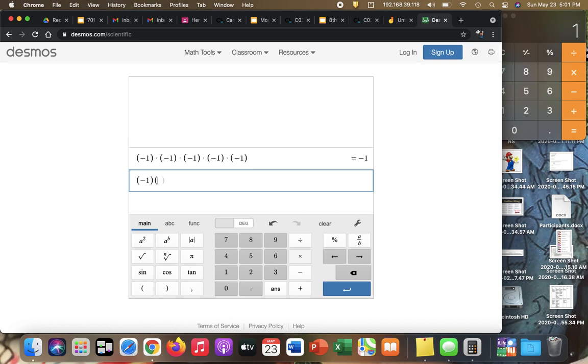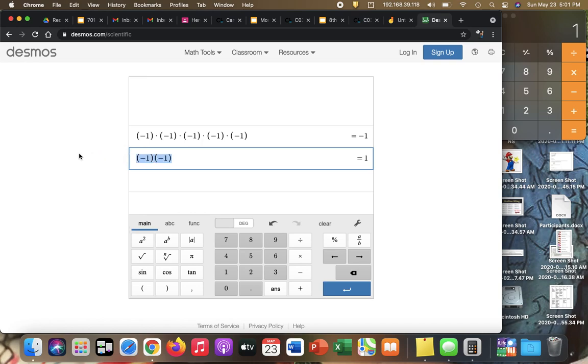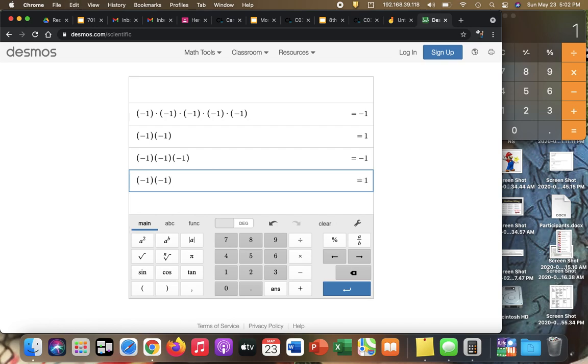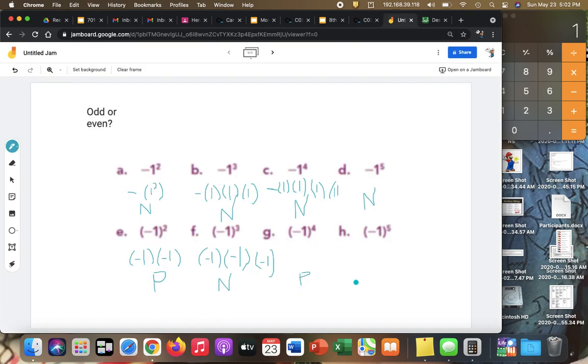Negative 1 to the second power is positive. Negative 1 to the third power is negative. Negative 1 to the fourth power is positive. Negative 1 to the fifth power is negative. So you see, it goes positive, negative, positive, negative. There is the pattern.